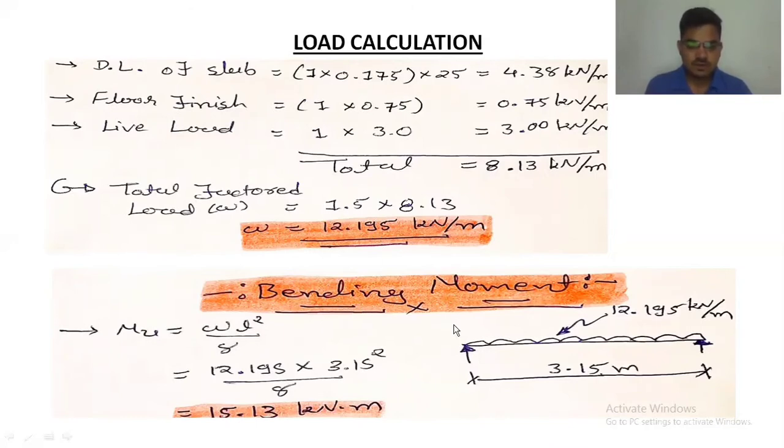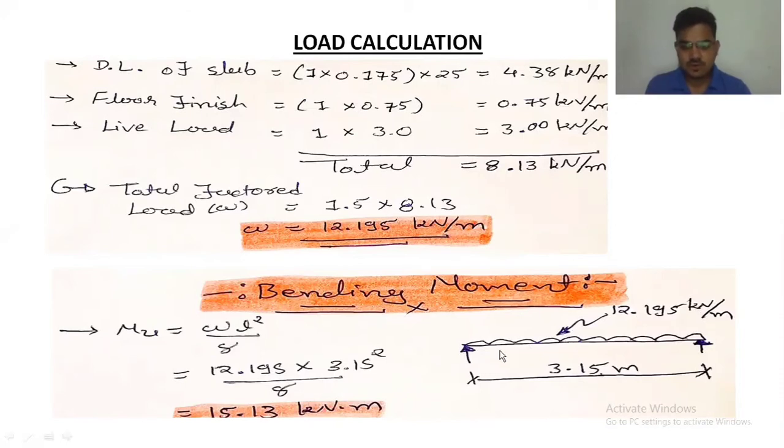Now we have to calculate bending moment. Here our span is a simply supported span of length 3.15 meter, and factored UDL load is 12.195 kilonewton per meter.